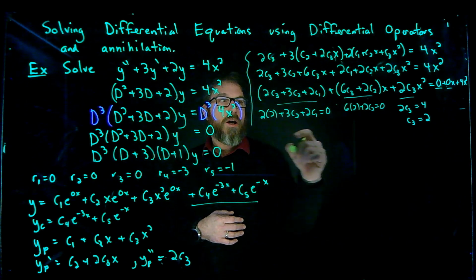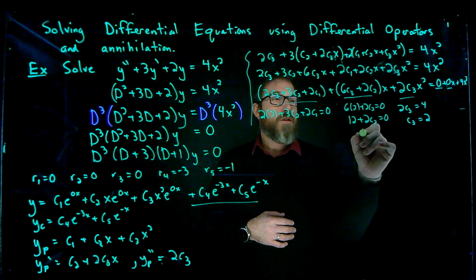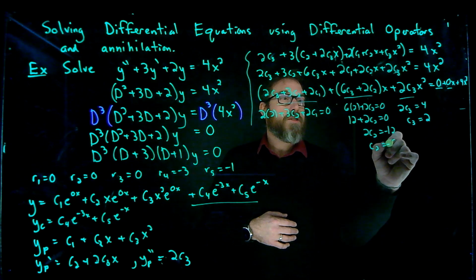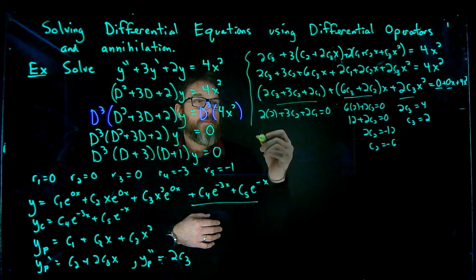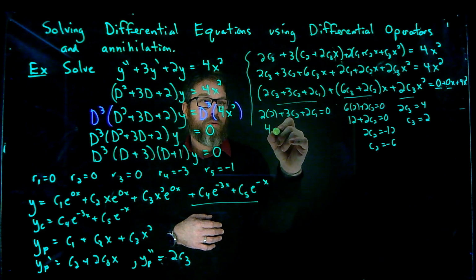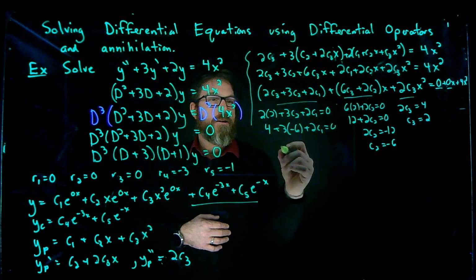So this one I can solve. This is 12 plus 2c2 is equal to 0. So 2c2 is equal to minus 12. So c2 is negative 6. And now I know everything besides c1. So this is going to be 4 plus 3 times negative 6 plus 2c1 is equal to 0.